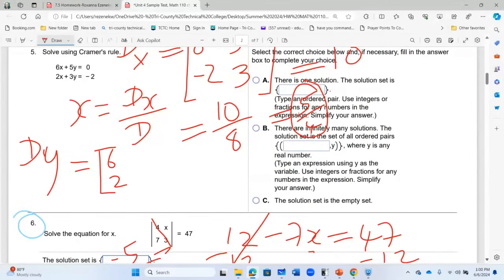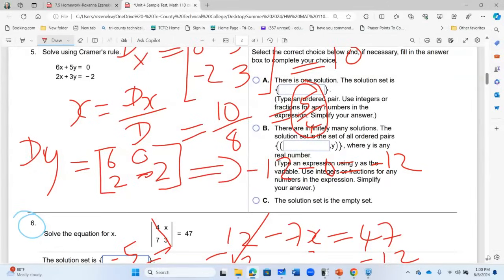The coefficients of x will be here. Where the coefficients of y should be, the constants will replace them. And then I will find the determinant. So the determinant will be negative 12 minus 0, which is the same as negative 12.